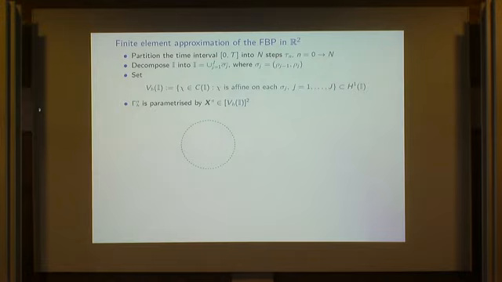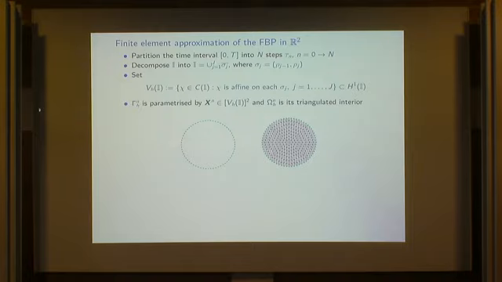So from the point of view of the finite element approximation of the free boundary problem, we want to approximate this curve shortening flow. So we've got two different things we're interested in. We're going to approximate our parameter little x by this capital X, and that is going to give rise to our approximation gamma h at time n, which is an approximation of gamma t, and it's going to be parameterized by this capital Xn, which lives in this finite element space.